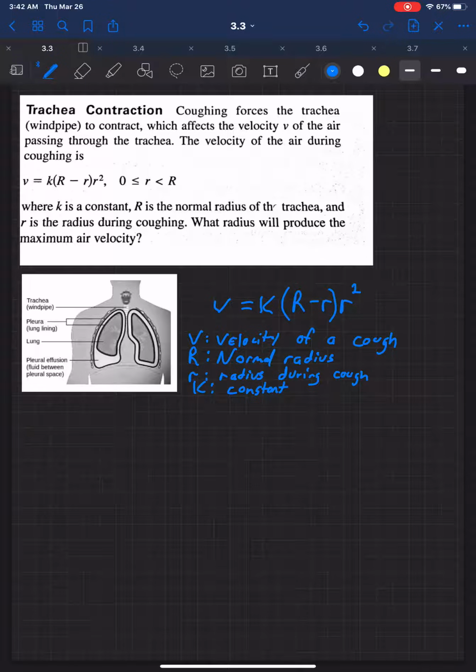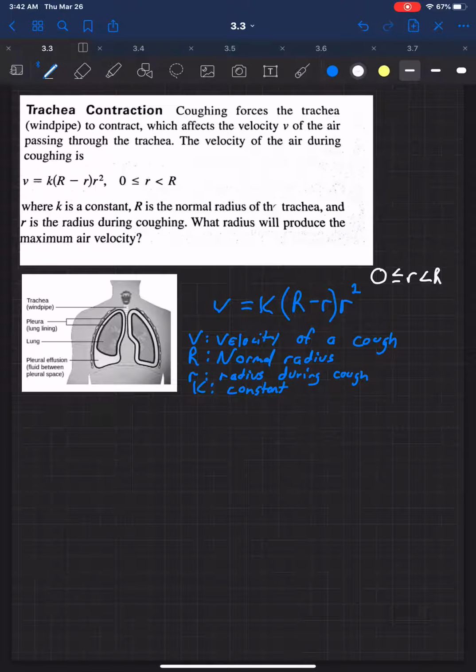Now we have the function that models the velocity of a cough. And we're told that r, little r, the radius of your trachea when you're coughing, is always going to be somewhere between 0 and big R. That makes sense to me, because at most you could contract all the way to 0.